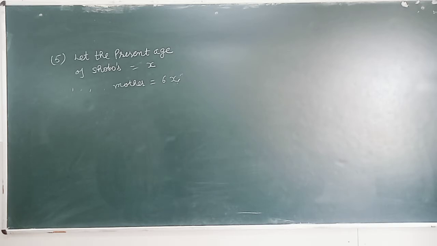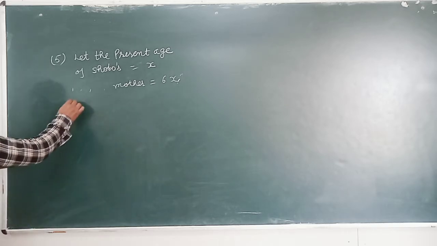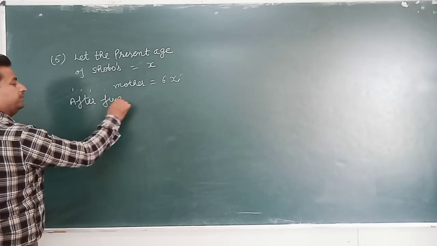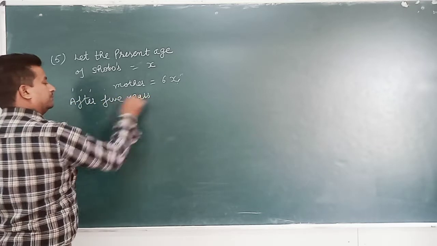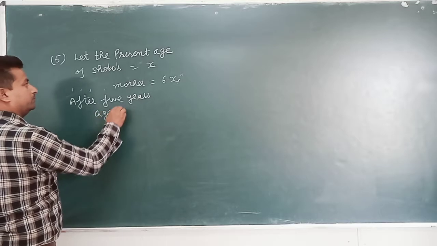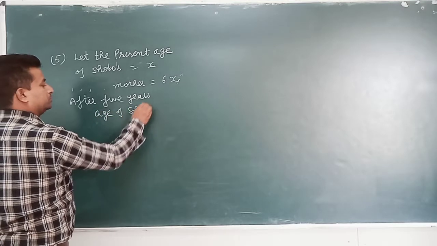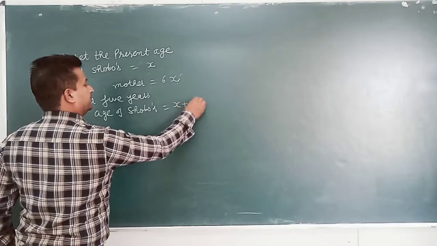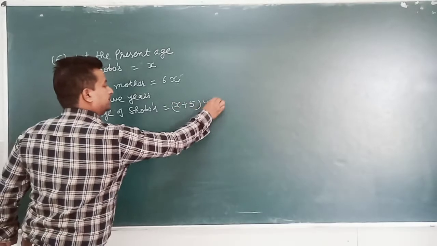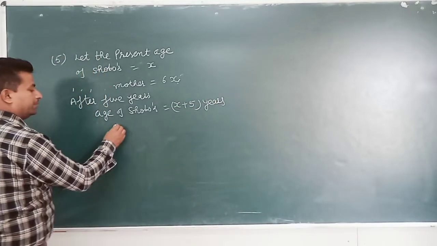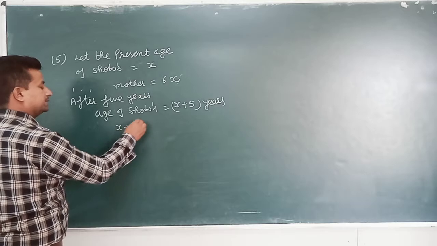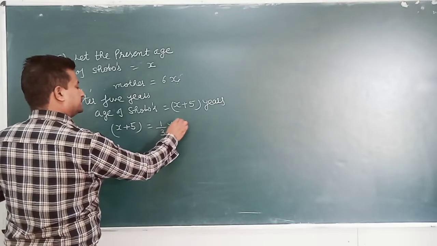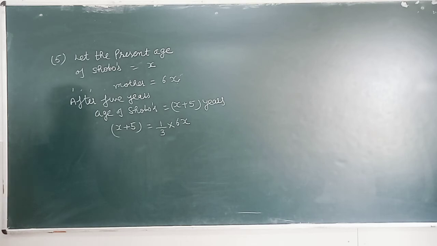This means after 5 years, the age of Shubha is x plus 5. According to the question, his age will become 1/3 of the present age of his mother.